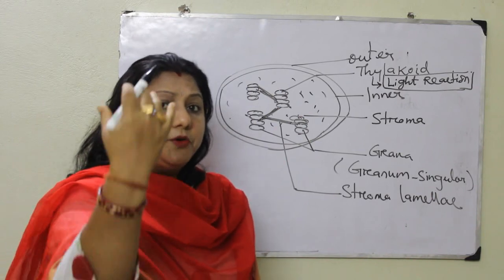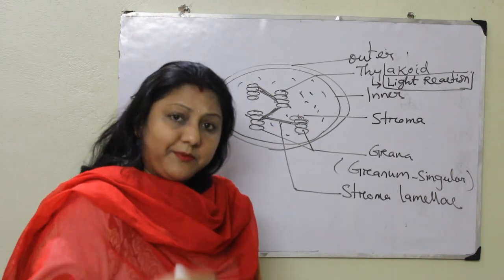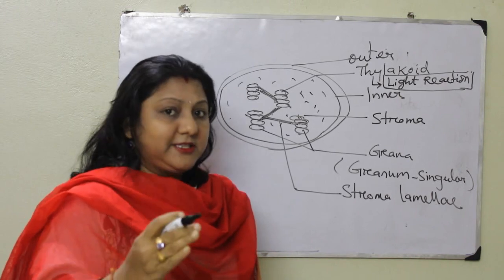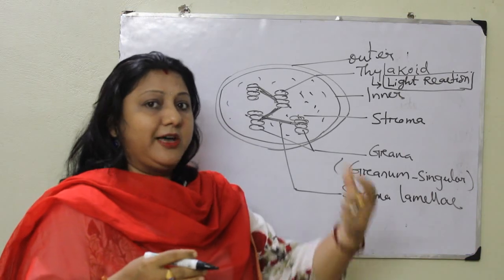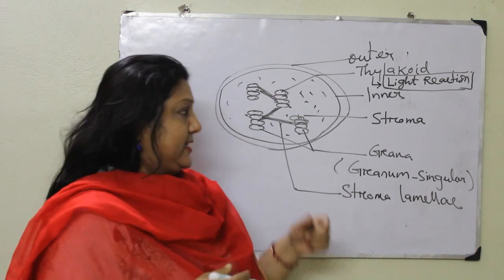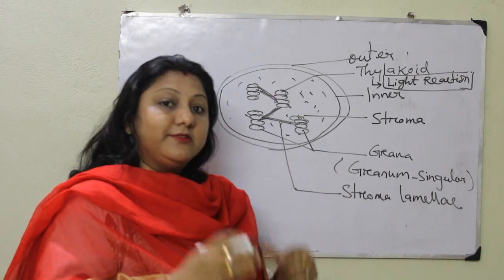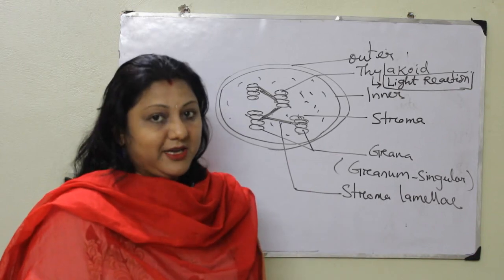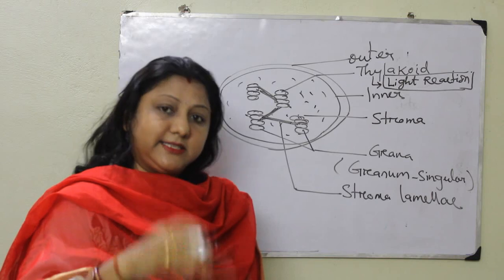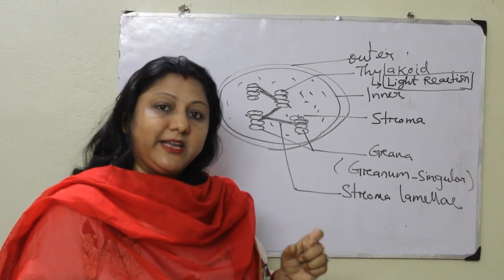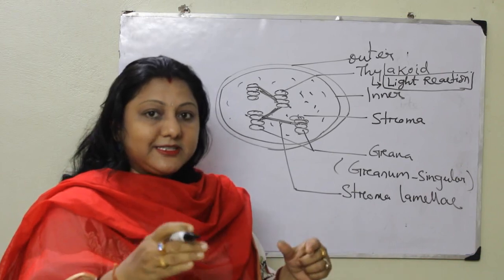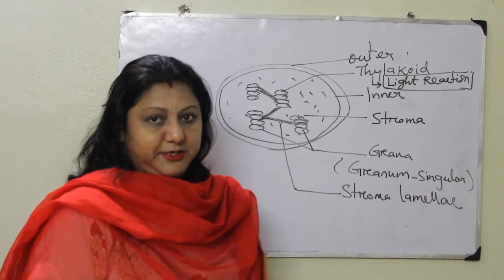First, they have to trap the solar energy, the sunlight, which is the absorption of solar energy. Next, the light energy is converted into chemical energy, and at the same time there is splitting of water molecules.